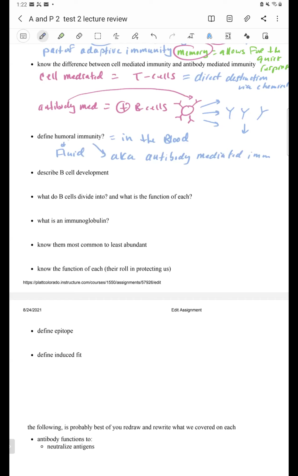So humoral immunity and antibody-mediated immunity are AKAs of each other.